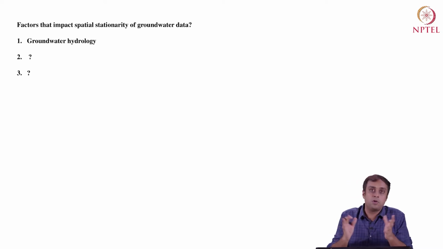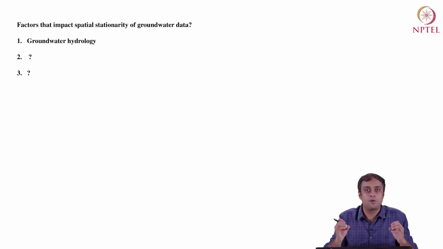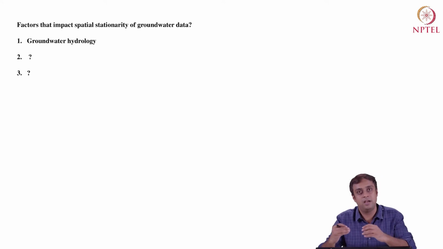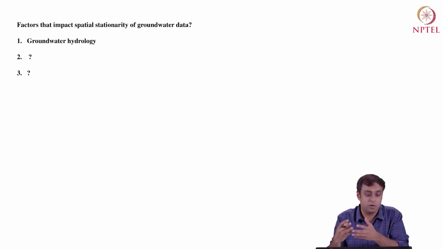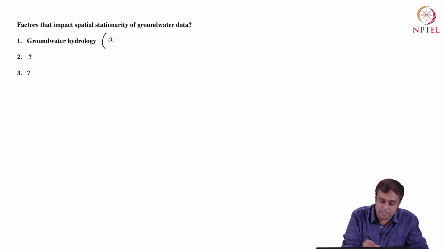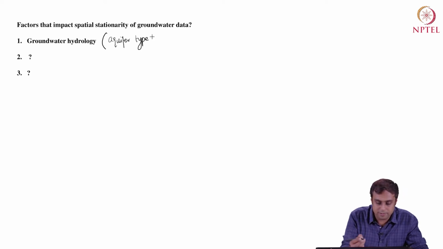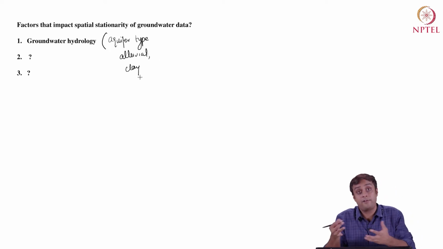So one factor that we are sure of is that we will have to have access to expert knowledge on groundwater hydrology, right? Specifically, what we have seen here is aquifer type. So we saw that this could be alluvial in nature, this could be clay in nature, they could be hard rock, right?